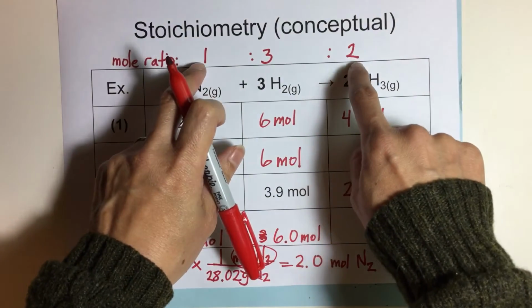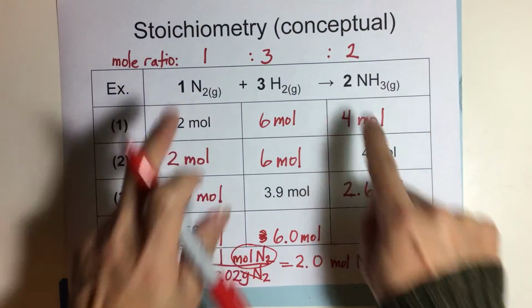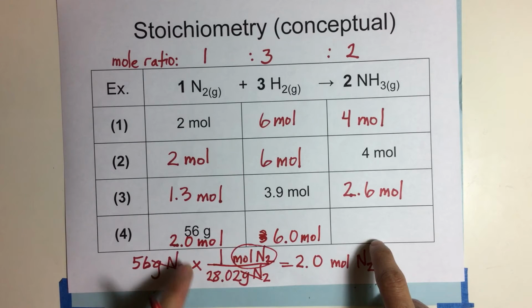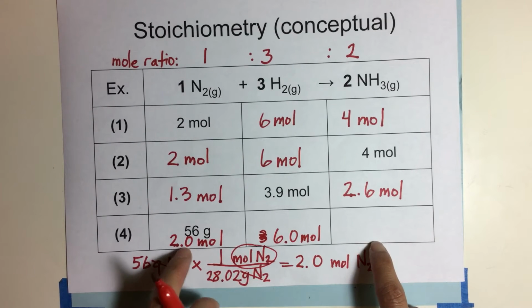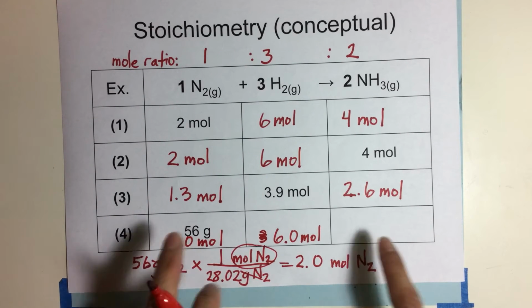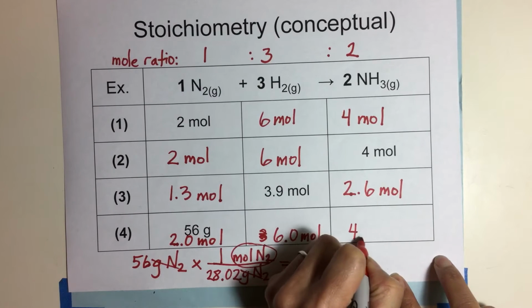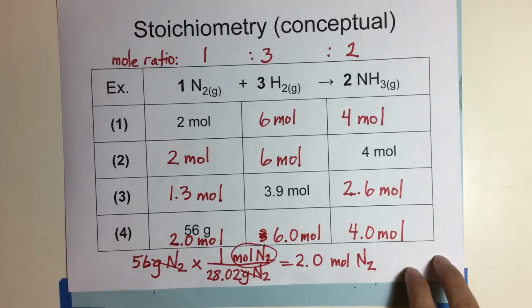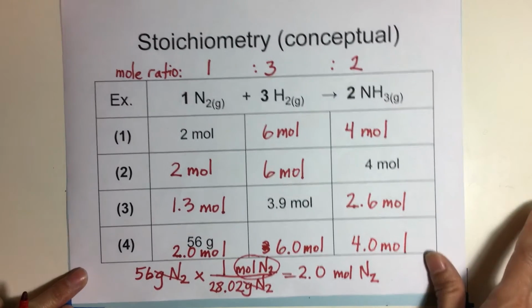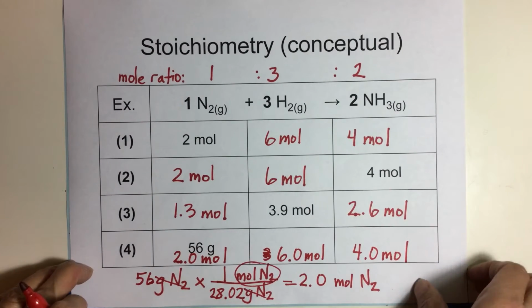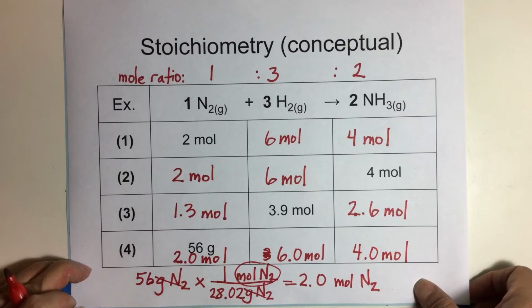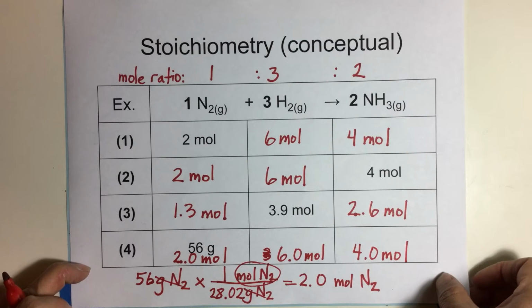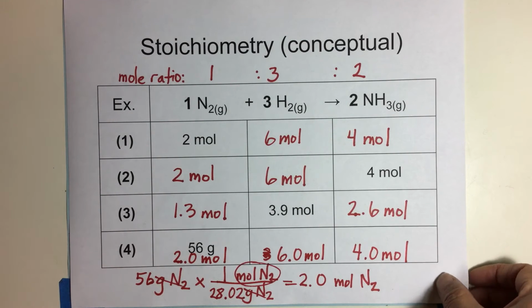So it's a 1-to-2 ratio, so you're going to need twice of what you have here. So if you have 2.0 moles here, you're going to make 4.0 moles. Okay? So here's the conceptual understanding of what a mole is in stoichiometry, or the mole relation in a balanced chemical equation, in what is called stoichiometry.